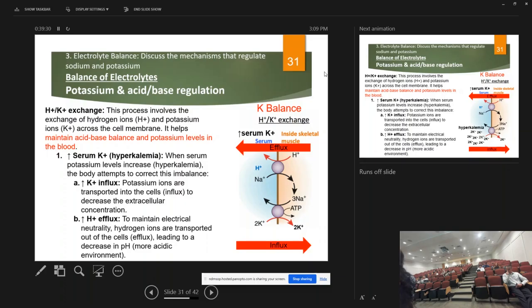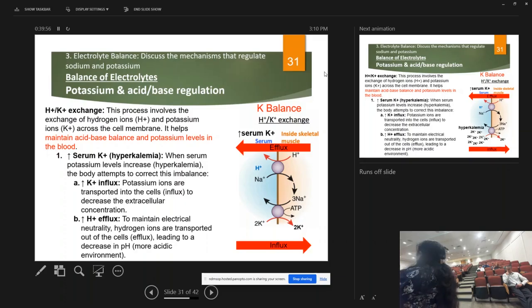But here there's no hydroxyl. It's only sodium coming out. Does it make sense? Okay. Because here we are talking about the hydrogen ion concentration. That hydrogen ion concentration is rising or falling, and that's shifting the pH.